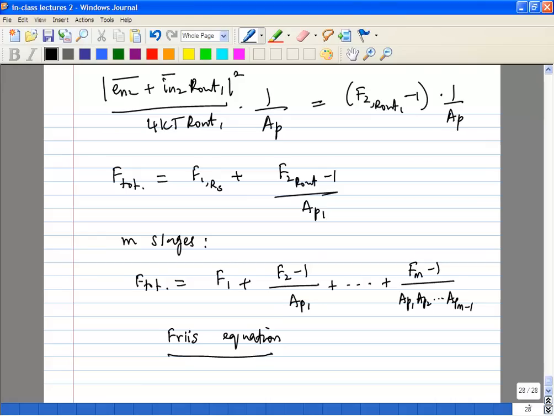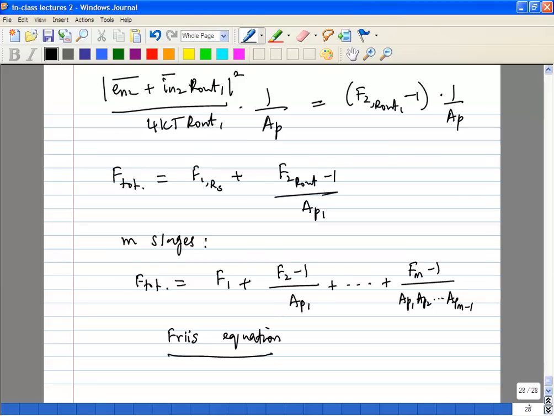So what do you understand from this? This is obviously the reason why, if you have a receiver, and you had a question, exactly, why do you have an LNA right at the beginning? Why do you need a so-called low noise amplifier?